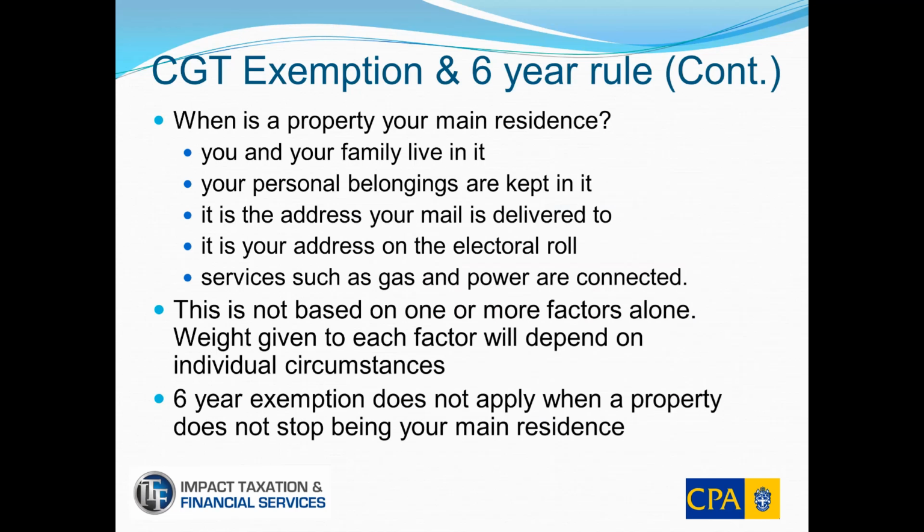So you can only claim exemption for one of the properties. Does that make sense? So once you bought two properties at the same time and you're selling them at the same time, and for both of them you're meeting the 6-year rule, you can only choose one of them as your main residence to receive the CGT exemption.